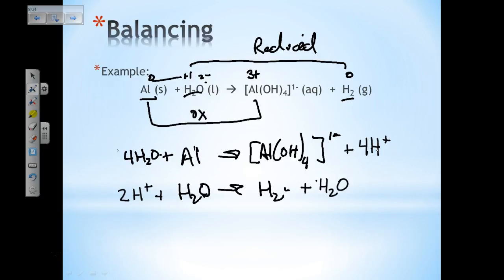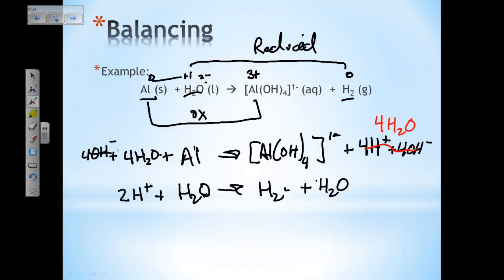So if we have 4 H+, we want to cancel all those out by putting 4 OH-, but if we do it to this side, we have to do it to this side, 4 OH-. Now, what happens here to 4H+ and 4 OH-? These two things turn into 4H2O.